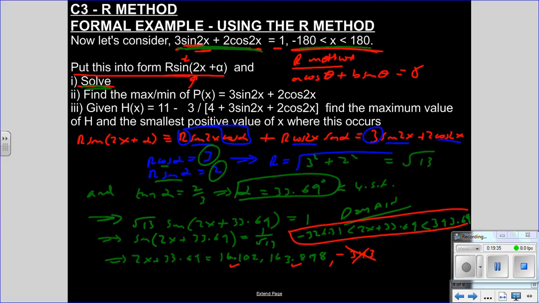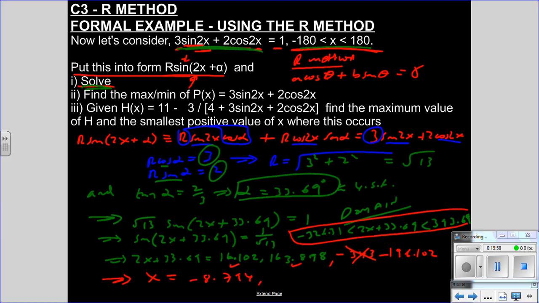Minus the 360, and I get minus 196.102. And now we can actually finish this off. That's all the ones that are going to be in the domain. So 16.102 minus 33.69, all divided by 2, is minus 8.794.